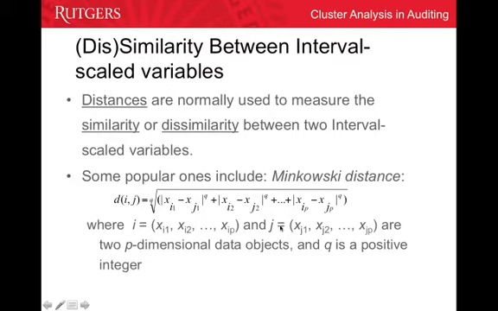We first calculate the difference between each attribute in these two data objects, like xi1 minus xj1, and then we raise it to the power q, which is a positive integer, and then we calculate the q-th root of the total sum, and get the distance.